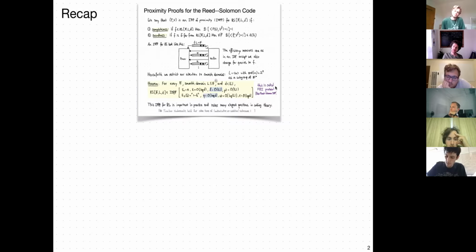But is it the case that f is not defined over the entire field? Is it only defined over L? So this is where we should be careful. We have f, the formal polynomial. That's just a formal polynomial, and you can evaluate it wherever you'd like on any field that you'd like.